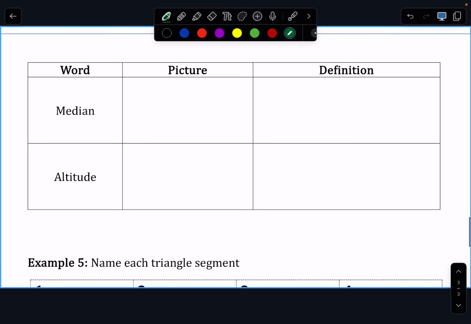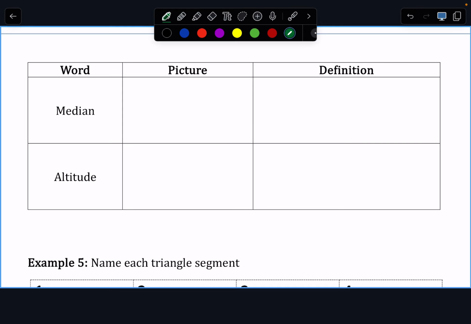Okay, I need you to know what a median and an altitude is. I'm hearing the median's the middle of the road. Midpoint. Something about a midpoint, probably, right?